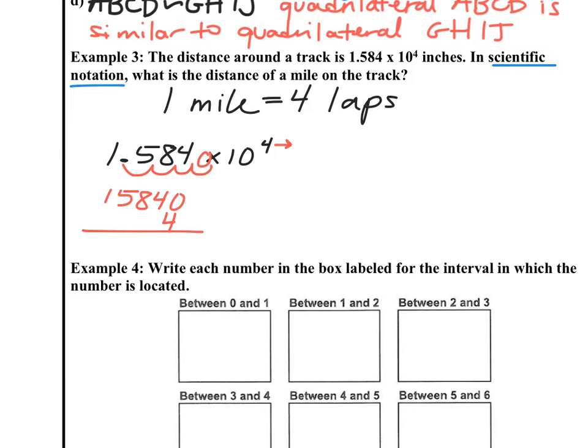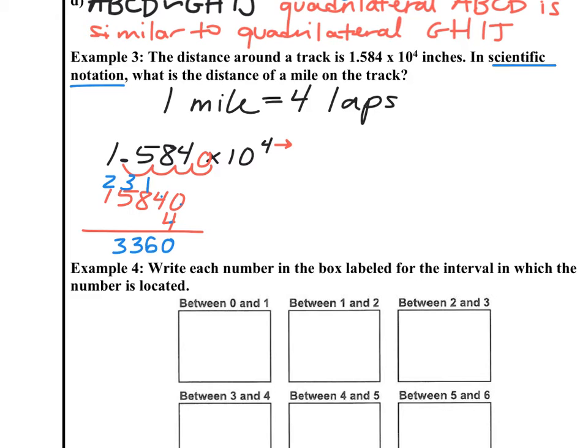Remember we multiply, so 4 times 0 is 0. 4 times 4 is 16, carry the 1. 4 times 8 is 32, add the 1, so 33. 4 times 5 is 20, add the 3, so 23.